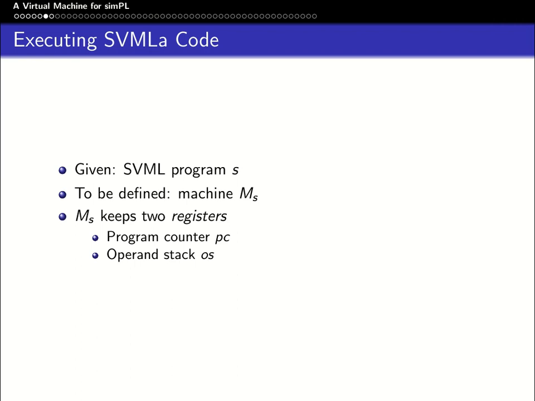So what we have, let's go back here. We have a structure of 2 elements, which are typically called the registers. One is the program counter, and that shouldn't surprise you because you've gone through a computer organization module and you should know what a program counter is. And the other one is the operand stack.